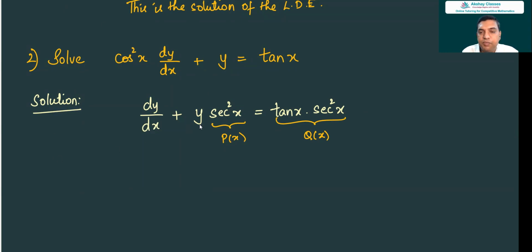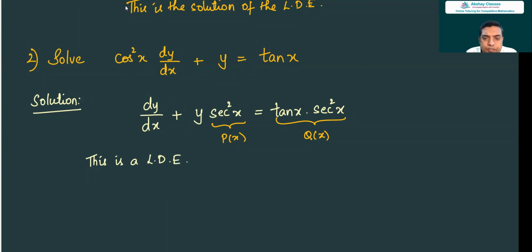So dy/dx + p(x)y = q(x). So this is a linear differential equation of first order, first degree.